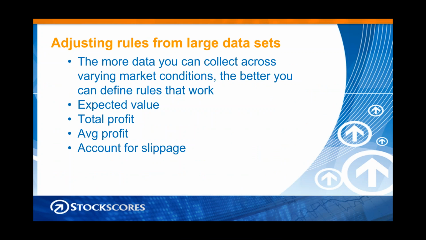The more data you collect, the more valid the information you get from that data is. So I want to collect thousands of trades in a sample so that I can best define the rules that work across different market conditions, whether it's long or short, what time of the year it is, those sorts of things. Ultimately, what I'm trying to do is come up with an expected value for the trade.